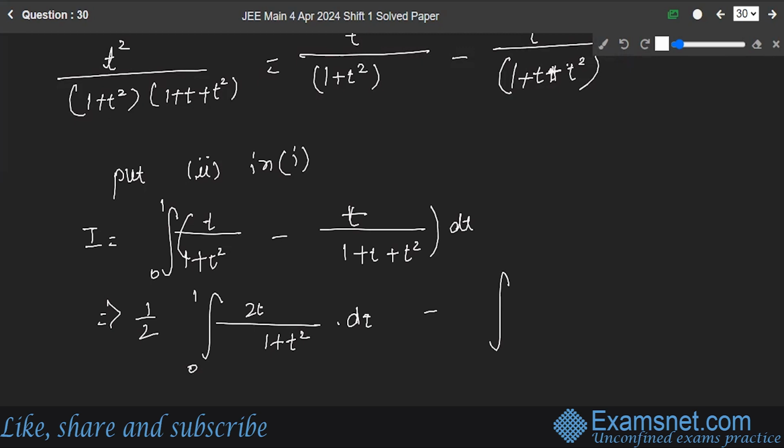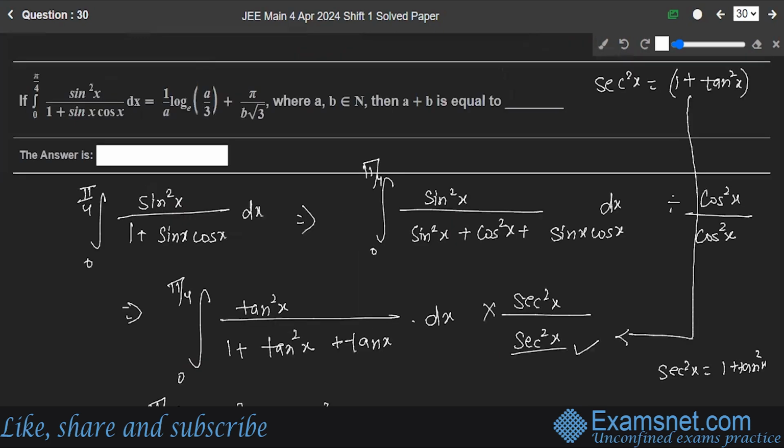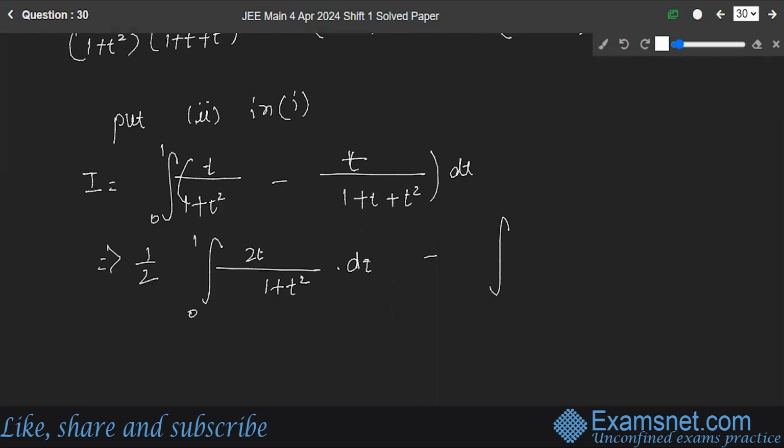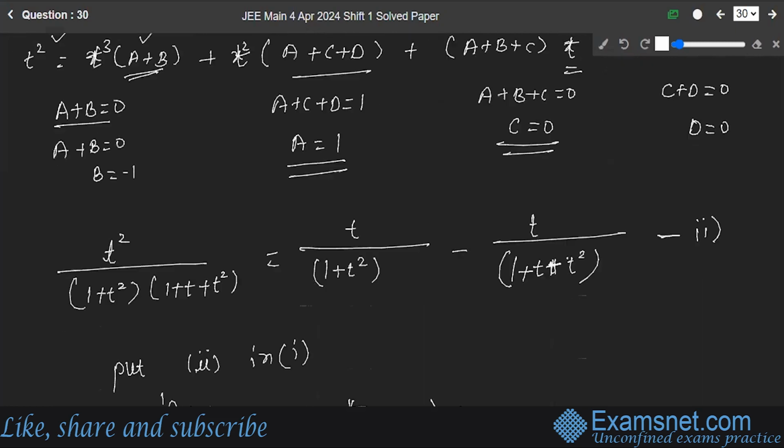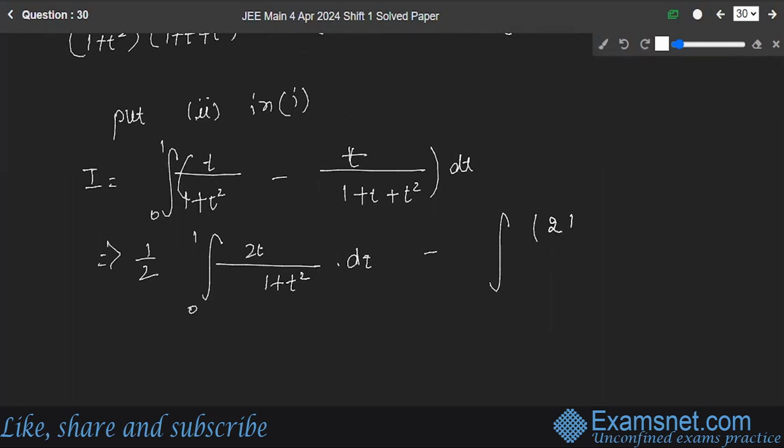I can put the t as 2t. It will be 2t plus 1 by 2 minus 1 by 2, there's a reason to it, you will just come to know about it, 1 plus t square into dt.